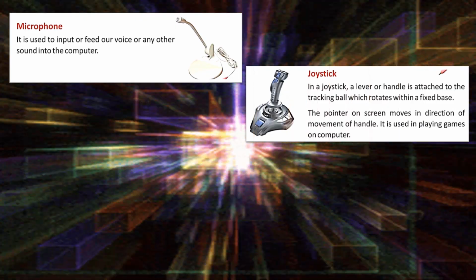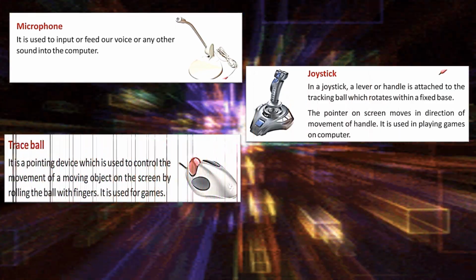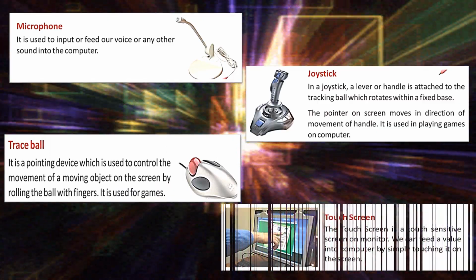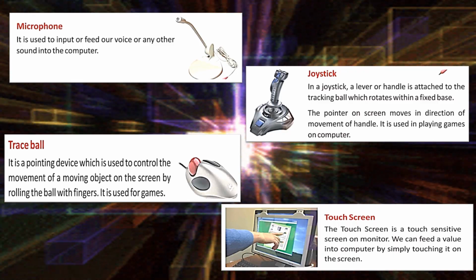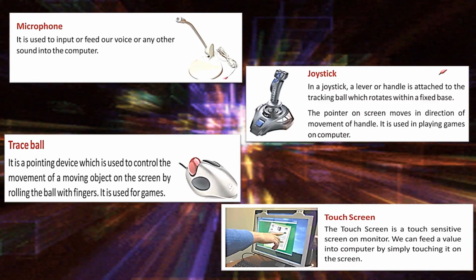It is used to input or feed our voice or any other sound into the computer. Joystick. In a joystick, a lever or a handle is attached to the tracking ball which rotates within a fixed base. The pointer on the screen moves in the direction of movement of the hand. It is used in playing games on computer.